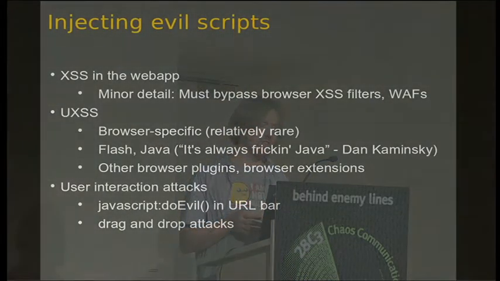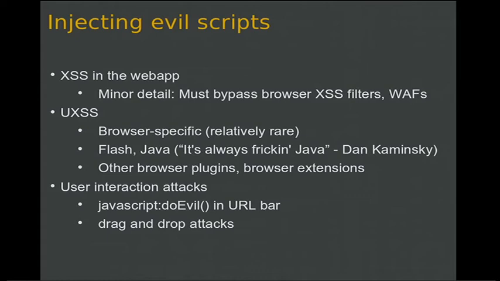So I talked about cross-site scripting a little bit, but it's not really the only way in which you can inject evil scripts onto important domains of applications that internet users use. So cross-site scripting is one of them. There's also universal cross-site scripting, which is when a browser or browser plugin has a bug that affects all web pages.